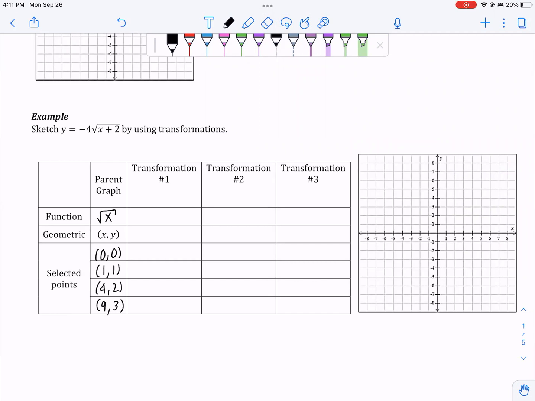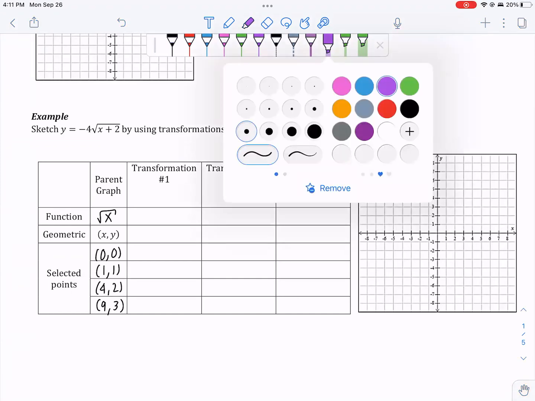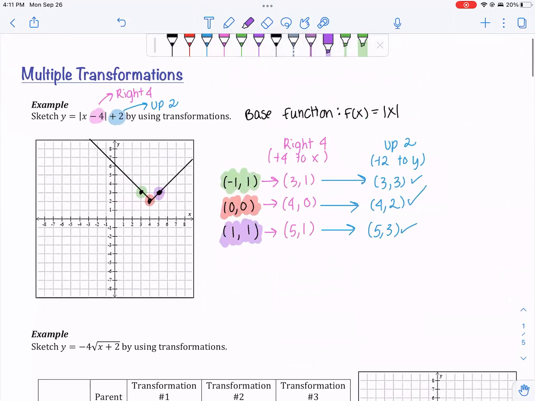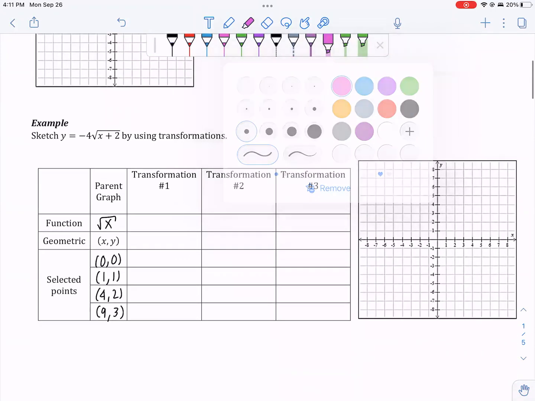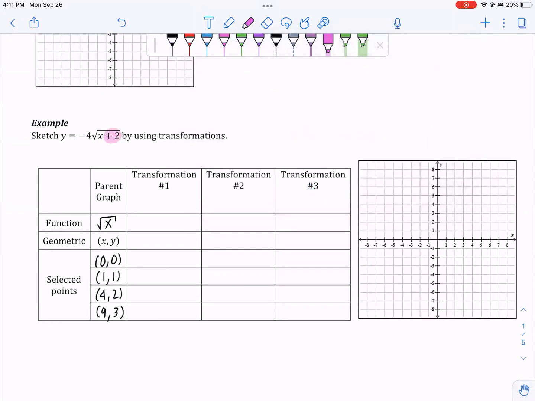All right. On our list down at the bottom of the page, we have left and right shifts as happening first on the inside here. I used pink for the inside. Might as well use it again. On the inside here, we have a +2.